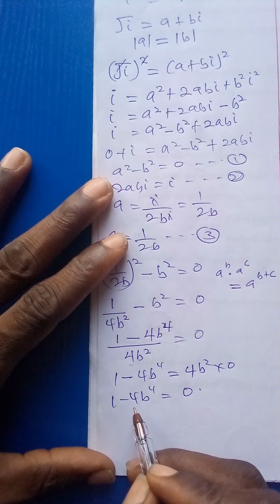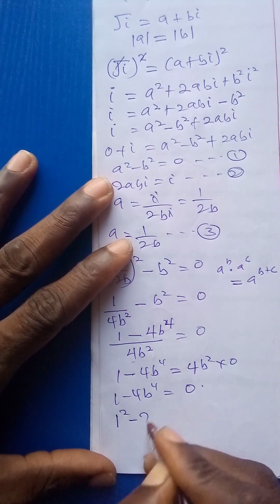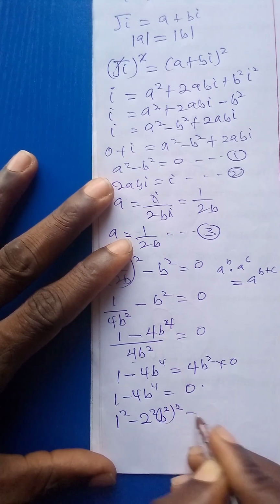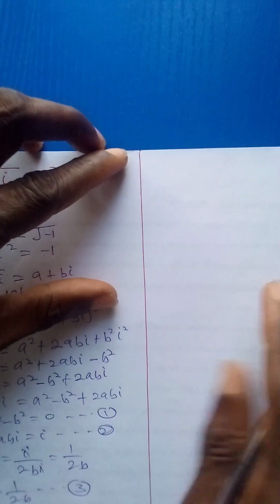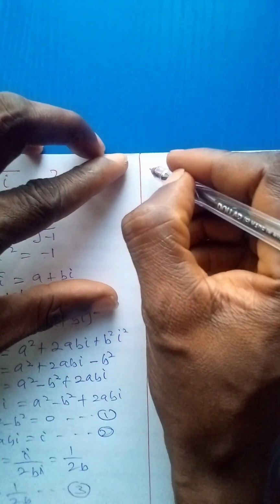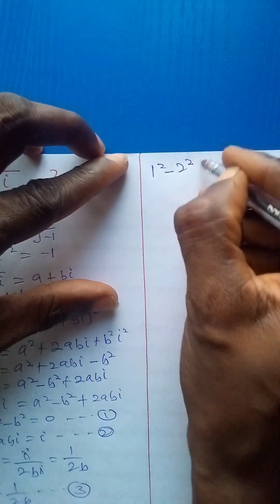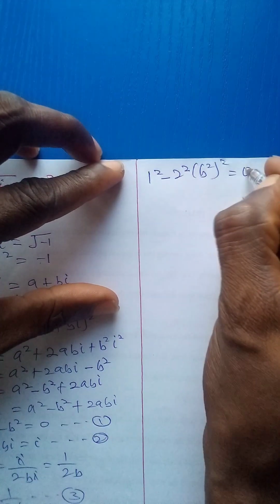I can convert it to difference of two squares. So I have 1 squared minus 2 squared b squared raised to power 2 is equal to 0. Let me go up here and then continue. So what I have earlier on is 1 squared minus 2 squared b squared raised to power 2 is equal to 0.